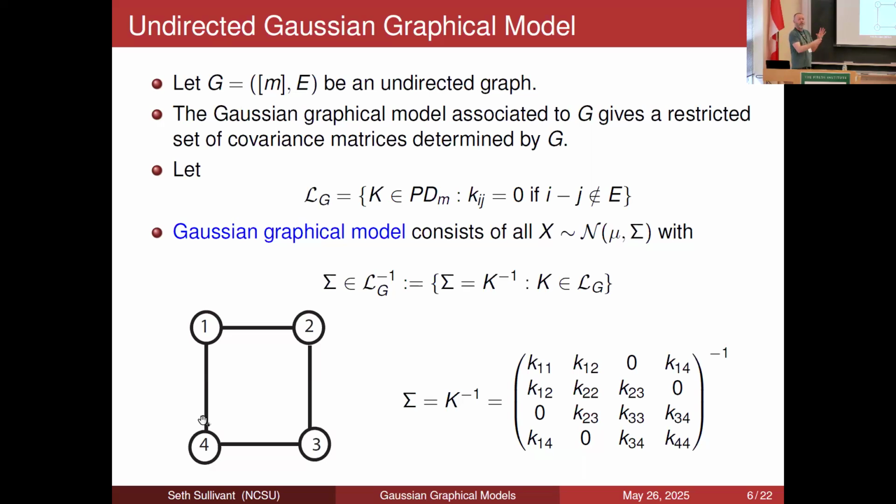But otherwise, besides being a symmetric matrix, it's an arbitrary matrix, and I guess it needs to be a positive definite matrix as well. And so the Gaussian graphical model is going to say, take the linear space of all matrices like this and take the inverses of all of those matrices. And that's the set of positive definite matrices I want to look at.